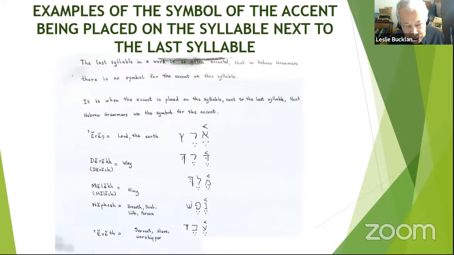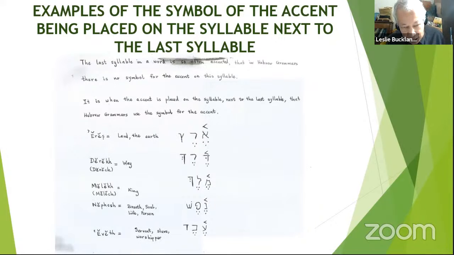That syllable is me, melech, not melech, but melech. And therefore you need the accent symbol to let you know that me must be emphasized. Melech means king, and derek means way.